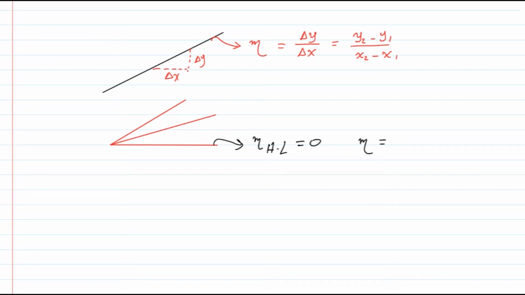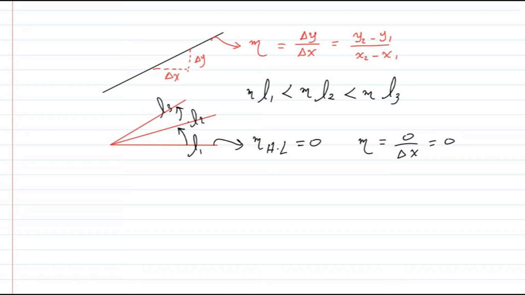For a horizontal line, the change in y is 0 over any change of x. It gives me a 0 value. The more vertical the line goes, the gradient increases. So let's say this is L1, this is L2, and this is L3. The gradient of L1 is less than the gradient of L2, which is less than the gradient of L3.